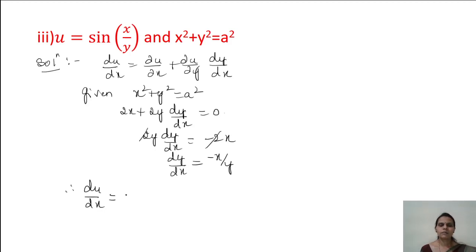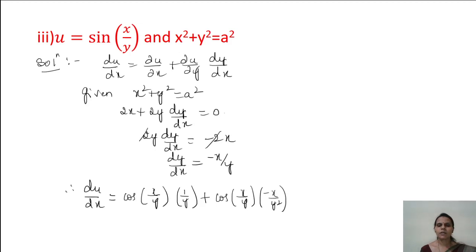Differentiation of sine of x by y with respect to x partially is cos of x by y into differentiation of x by y with respect to x, which is 1 by y, plus dou u by dou y, which is cos of x by y into differentiation of x by y with respect to y, which is minus x by y square. Here x is constant, so differentiation of 1 by y is minus 1 by y square, into dy by dx, which is minus x by y.